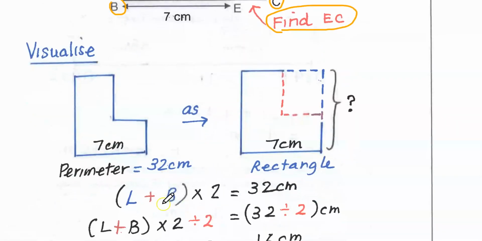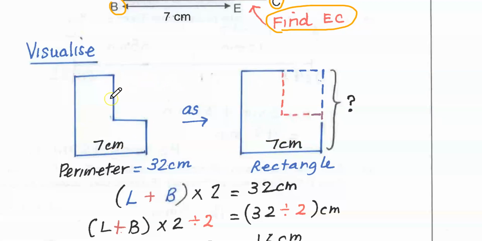Now it's good to visualize this. The shaded part with 7 cm below has a perimeter of 32 cm. We have learned about this being a step and converting it to a rectangle.